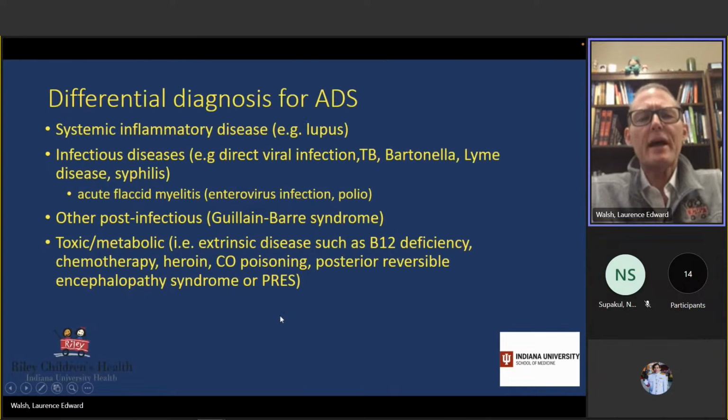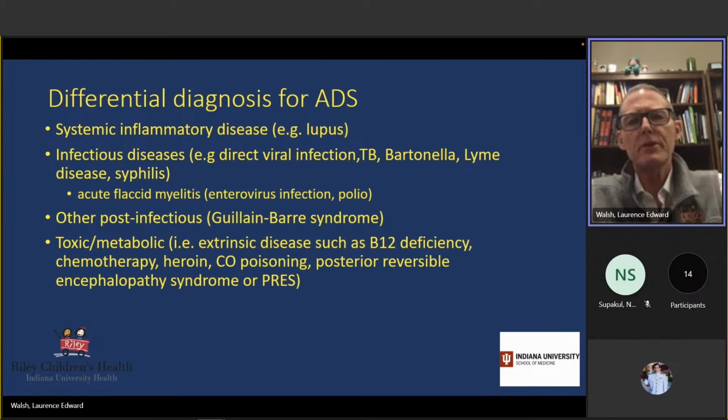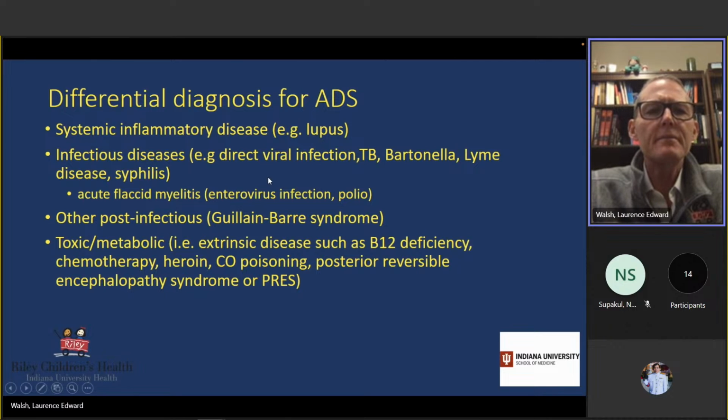So differential diagnosis for all these disorders, and you can kind of lump them based on where the involvement is: brain, cerebrum, brainstem, cerebellum, spinal cord, optic nerve. So systemic inflammatory diseases, e.g. lupus, infectious diseases, direct viral infection.